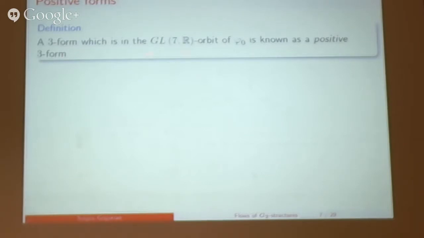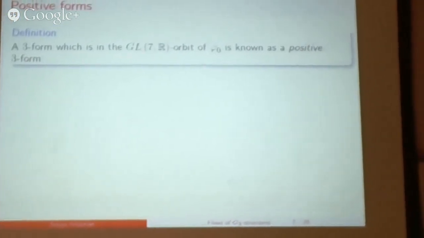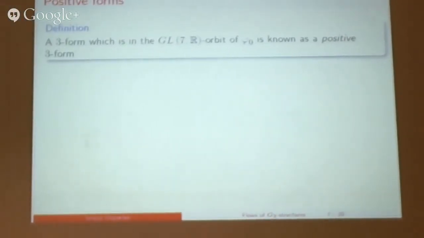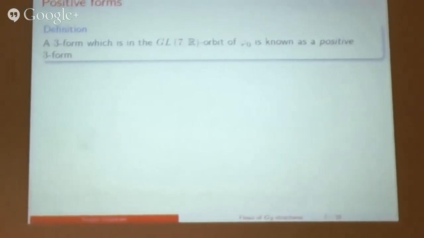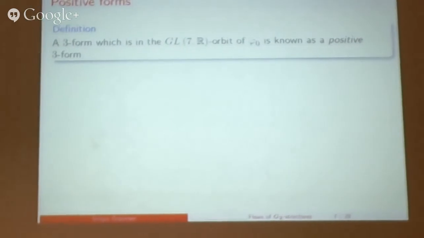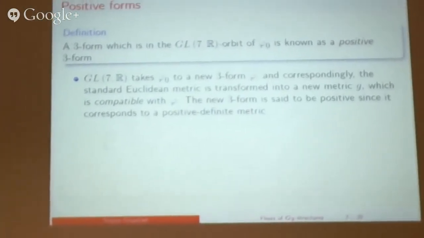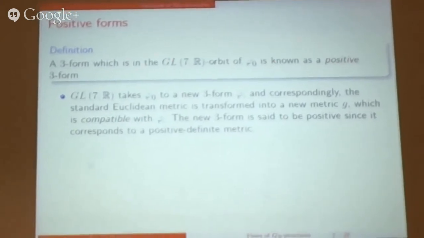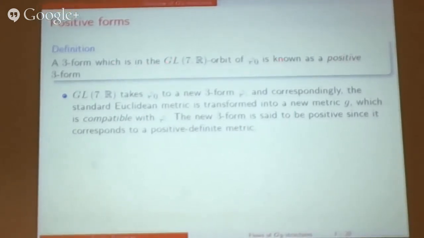So we know that this 3-form phi 0 is preserved by G2. Then we define any other 3-form which is in the GL7(R) orbit of phi 0 to be a positive 3-form. It means if we take our phi 0 and apply some general linear transformation to it, we get a positive 3-form. So positive 3-forms are elements of the orbit space of phi 0.